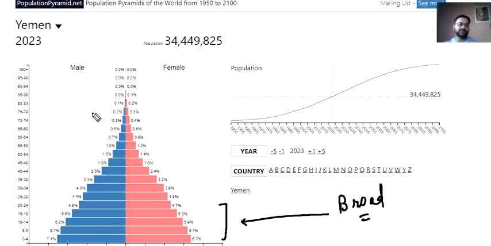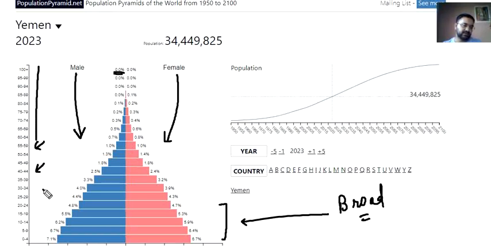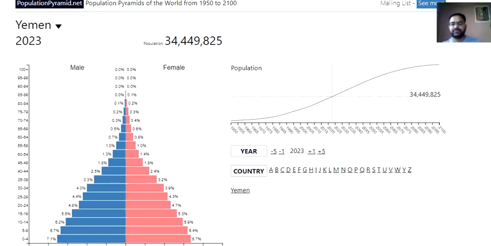And this blue side is showing the percentage of males. Obviously the number is not included here, this is in percentage, and females are shown here in pink. And this side is the age group. All right, so how are we going to interpret this specific histogram?